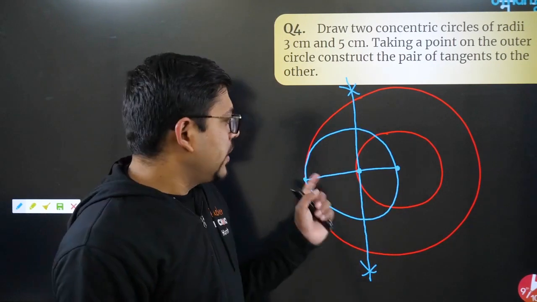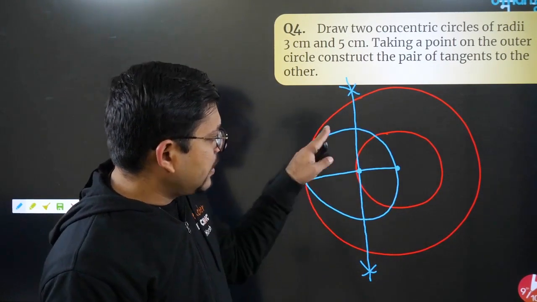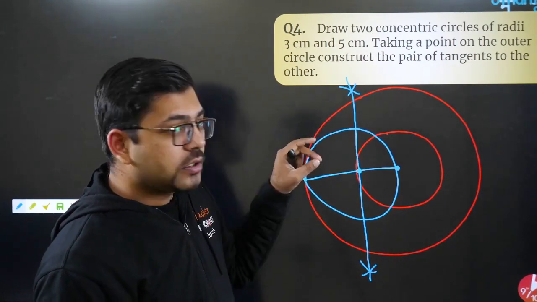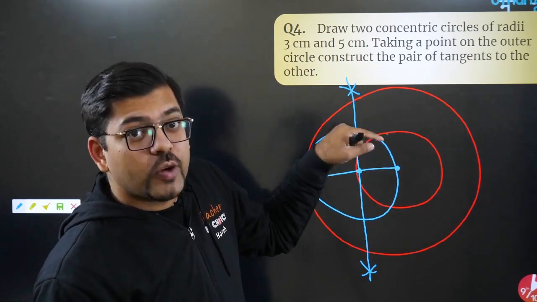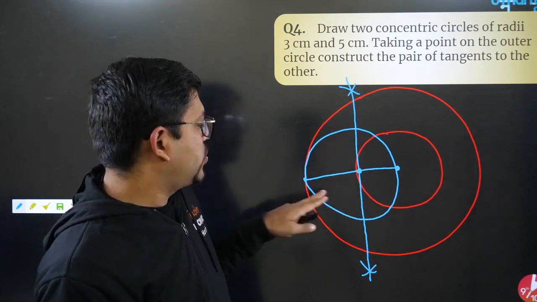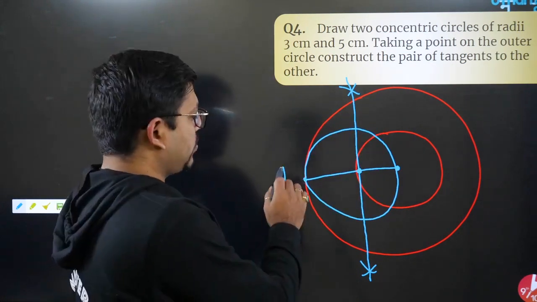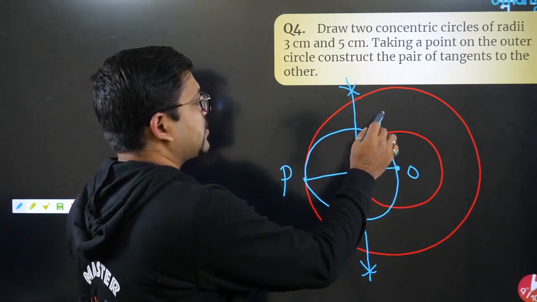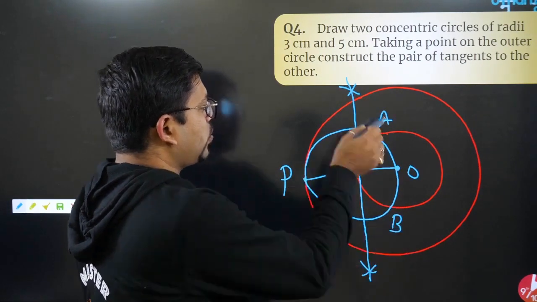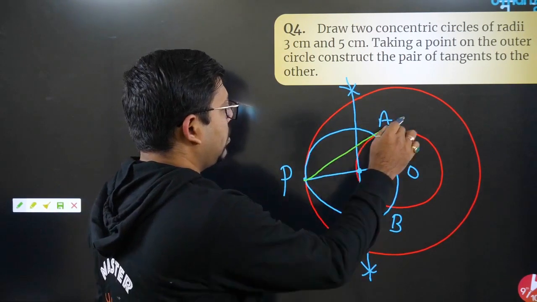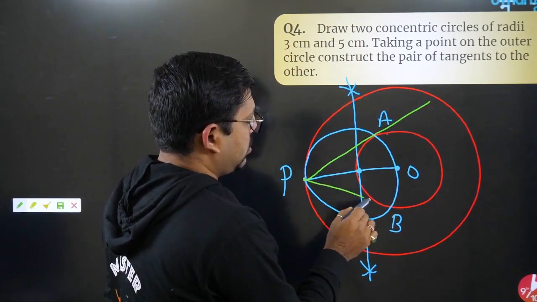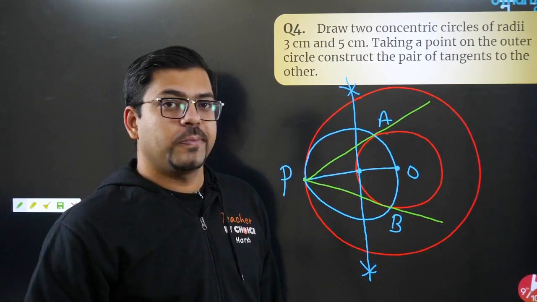Wherever this new circle is intersecting the original circle where you have to make the tangent, join these 2 points with the original point. Let's assume this is P, this is O, and this is A, this is B. So just join P to A and P to B, and hence you get your desired tangents, PA and PB.